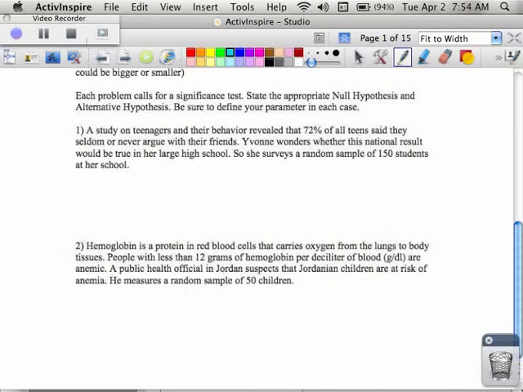So if we wanted to state our null hypothesis, which we call H0, it is that the proportion of students is equal to 0.72. The alternative, if we're wondering whether or not this is true and they don't say more or less than, is that the proportion is not equal to 0.72.